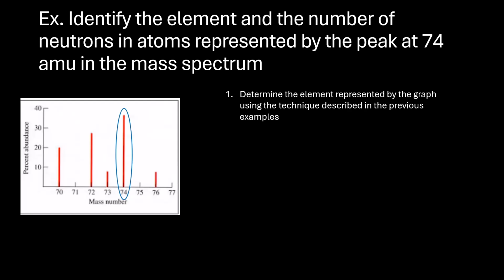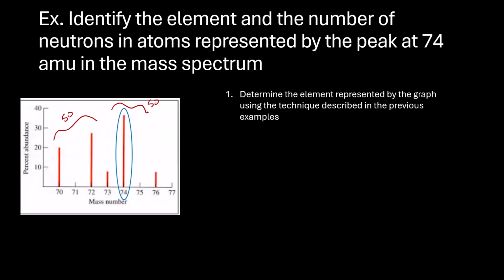Looking at this, about 50% is going to be 70 and 72, and about 50% is going to be 73, 74, and 76. So basically 50-50, right in between, which is 72 and 73.